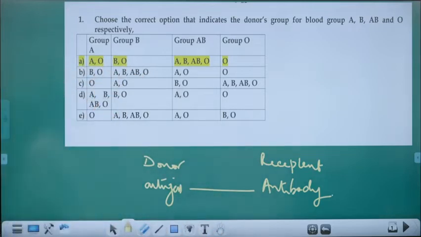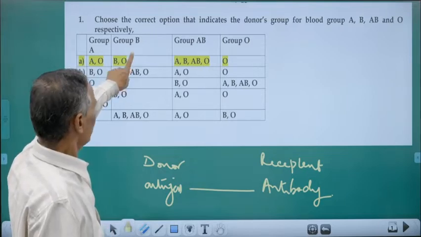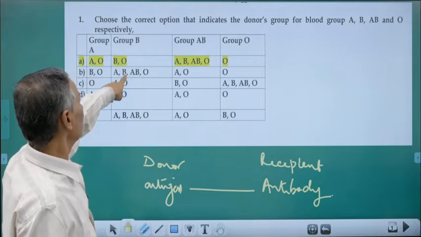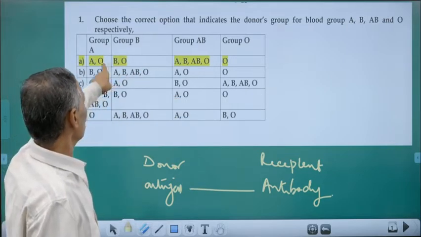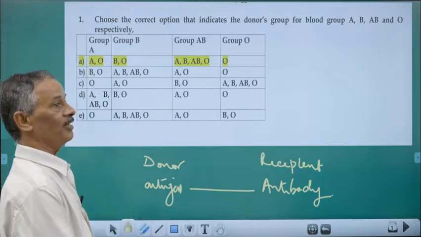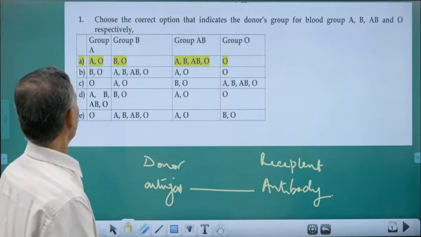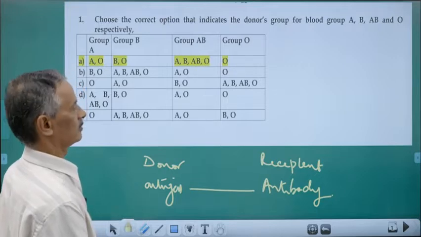For the same reason, a B group person is having antigen B and antibody A. So, he cannot receive blood from A group because A group man is having antigen A and he is having antibody A. They will be reacting. So, he can receive blood from B group and O group.